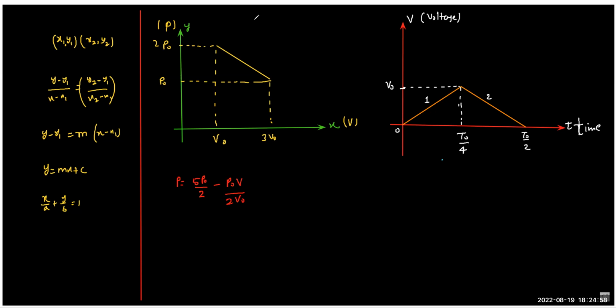Siddhant, what is the answer for the first part? Am I audible? Yes, sir. I got the slope value, which is 4 V naught upon T naught.